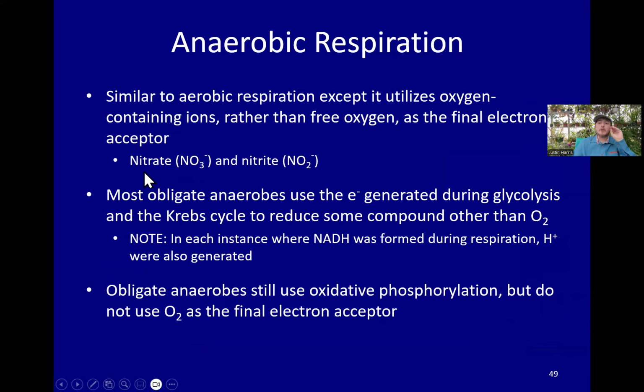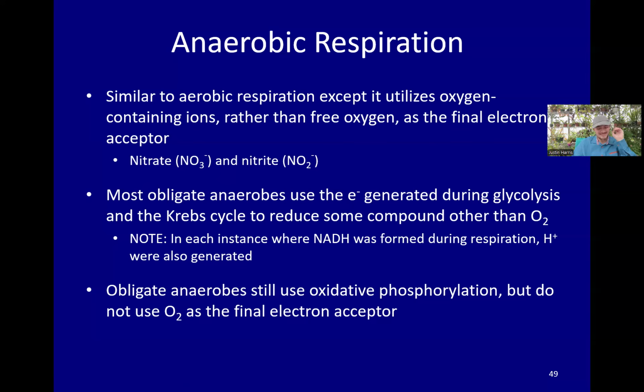We can use reactive groups like nitrate and nitrite, or sulfate, to capture those final electrons.